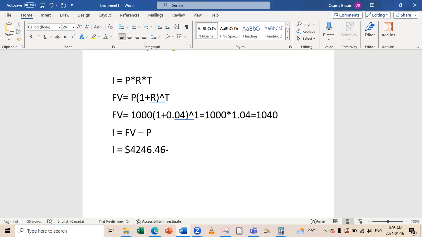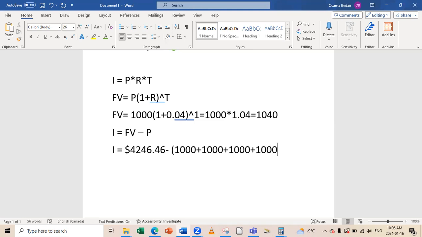How much is the principal? 1,000 plus 1,000 plus 1,000 plus 1,000. Here it is, 1,000 plus the second 1,000, the origin of the deposit, plus 1,000 plus 1,000.